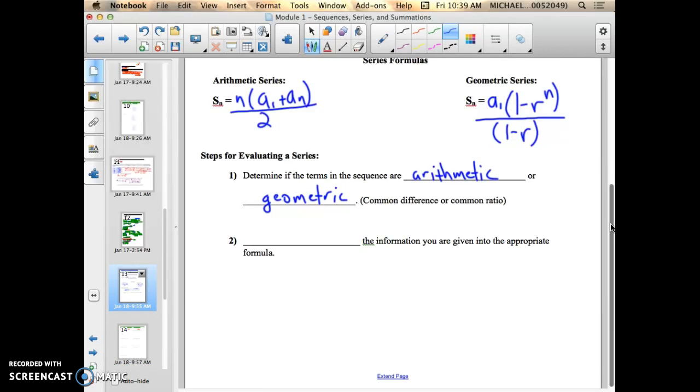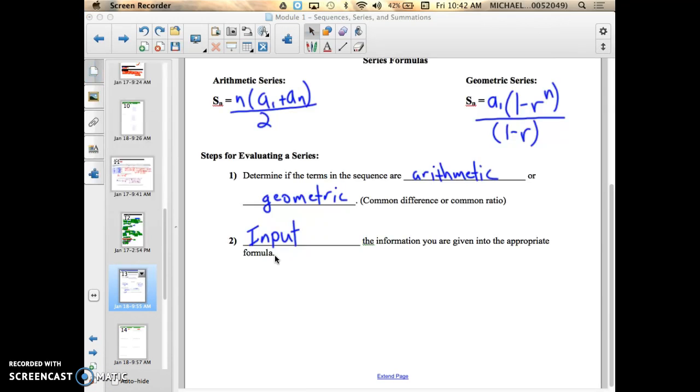And we've done this before. We do this by either finding the common difference or common ratio. After we find that piece of information, we have to identify other pieces of information based off the formula, and I'll talk about that. And then I'm going to input all the relevant information into my formula.